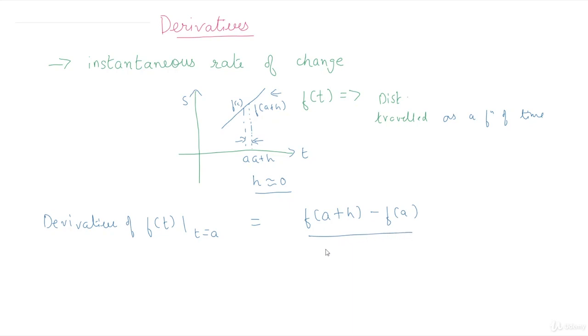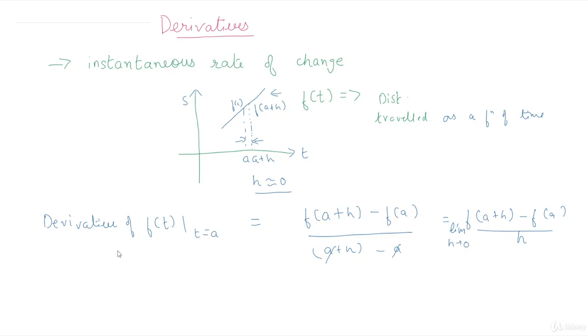So that will be a plus h minus a. This a gets cancelled with this a, and what remains is f of a plus h minus f of a over h. And since we were considering h very close to 0, the concept of limit also comes into the picture. So we will say h is tending to 0. We will write this as the limit h approaches 0 of f of a plus h minus f of a over h. This is the derivative of f of t at t equal to a.